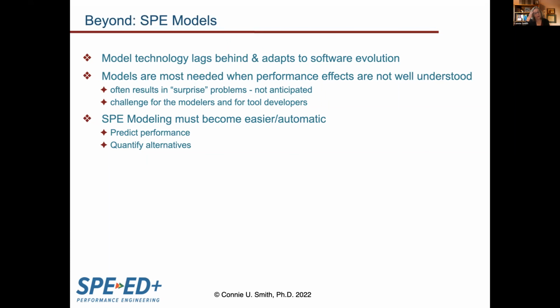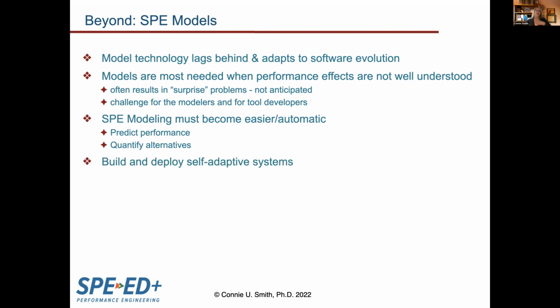And so these overly technical models and representations of models like execution graphs, like layered queuing networks and so forth, are not going to fill the bill for that kind of use. It will still always play a role for these emerging technologies, I believe, but it doesn't work for these easier automatic models.